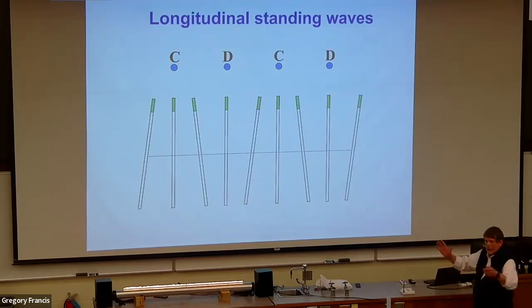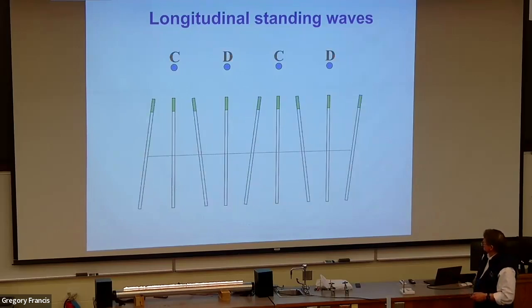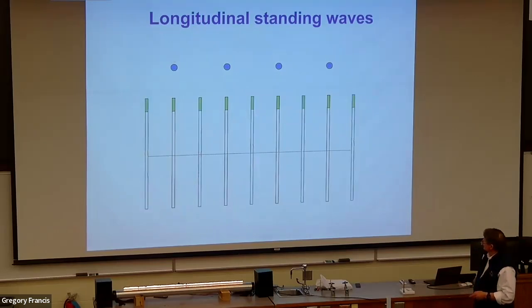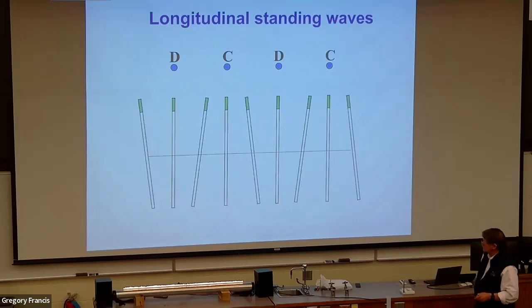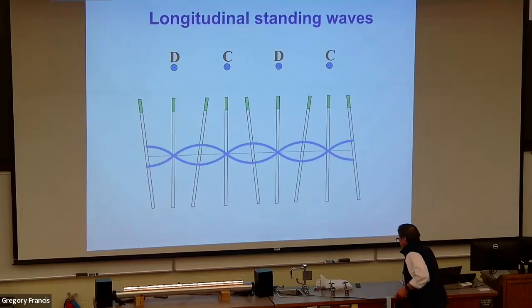And then this sloshing happens back and forth, and so the node that was being crunched goes to being deserted, and then it goes to being crunched, and then it goes to being deserted, and we just slosh back and forth, okay? Now, the football representation, again, only tells me where the nodes are and where the antinodes are, where the motion is the most and where the motion is nothing, okay?